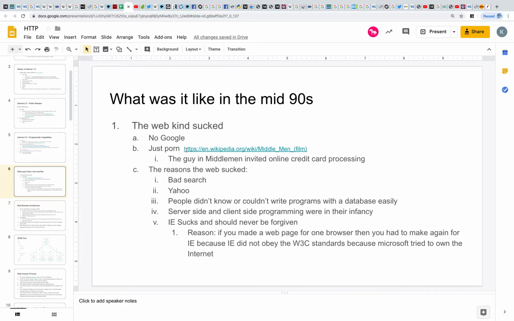I put a link in here, but there's a movie called Middlemen, and the movie's about this. That's what the movie's about. It's funny because this guy gets into all kinds of trouble. It's a true story. How did we get to have credit card processing, and what happened to this guy, and what his life was. It's a crazy story.